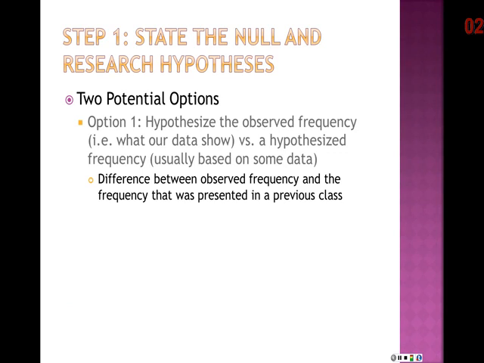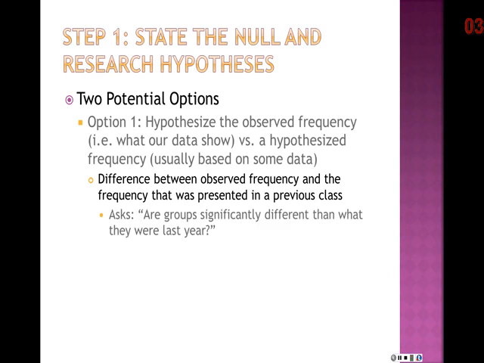The observed frequency of what we have currently versus what we had in a previous class. Say I'm asking the question, does class year differ this year than what it was last year when I taught the class? Something like that, right? So we have some other data to base it on. So it asks, are groups significantly different than what they were last year?